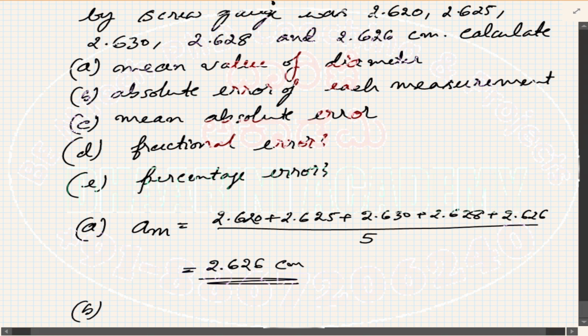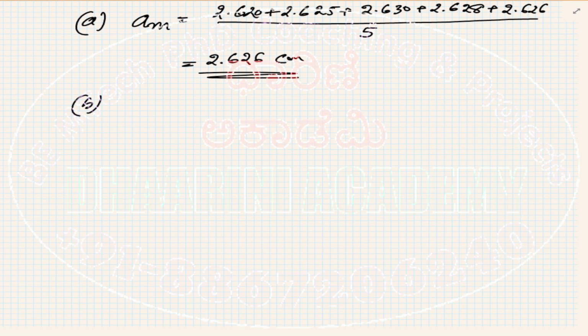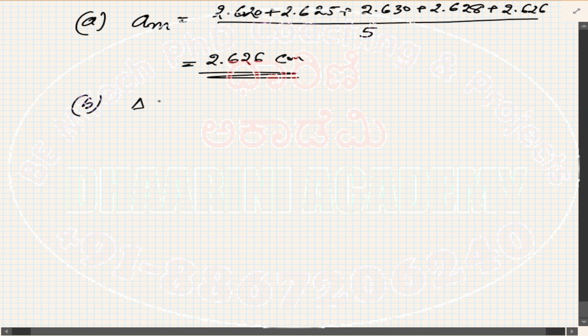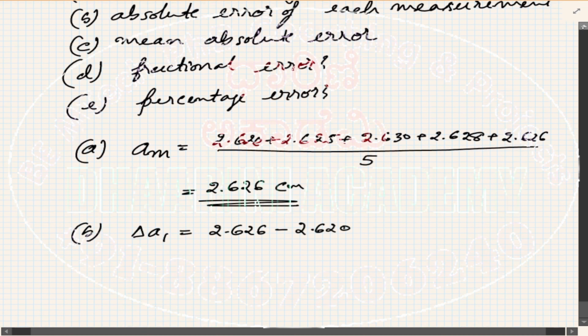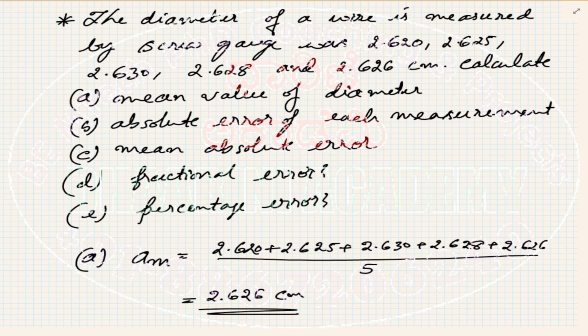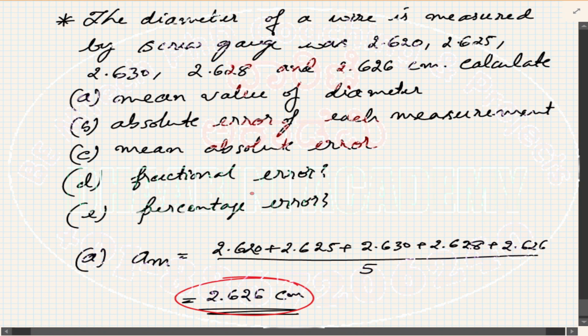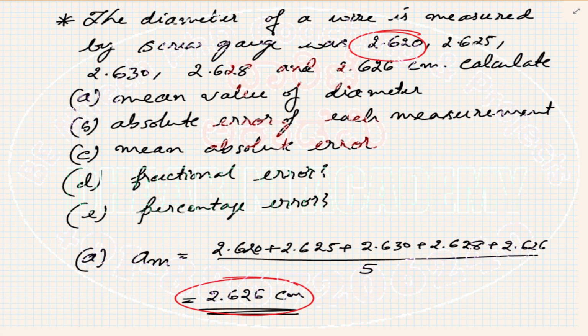Then part B is the absolute error of every measurement, right? For every measurement I need to find the delta A values. So how do you measure? Delta A1 is the mean value, that is 2.626, minus the measured value, that is 2.620. I am considering the mean as AM and this as A1, so AM minus A1 is delta A1.